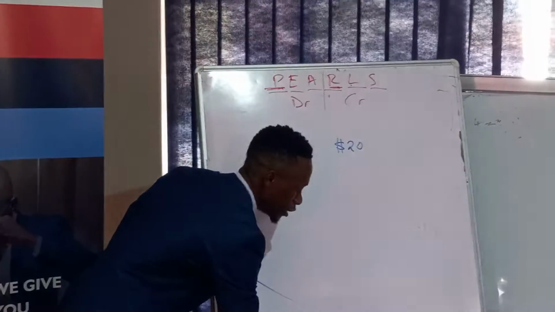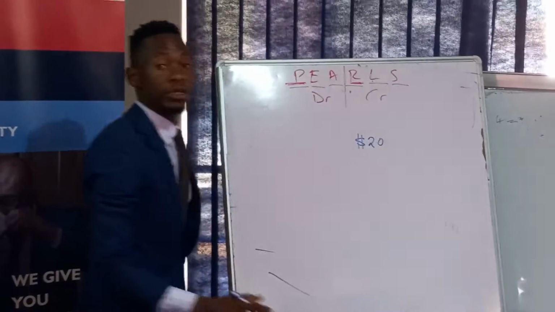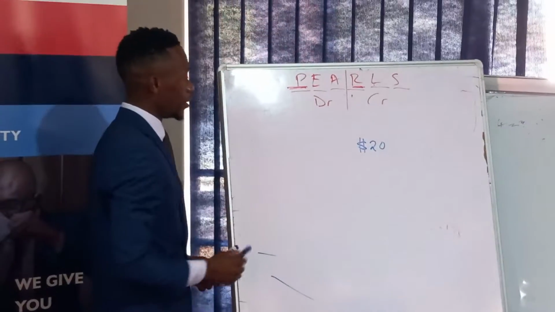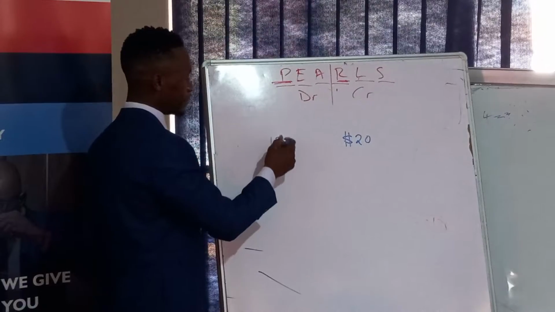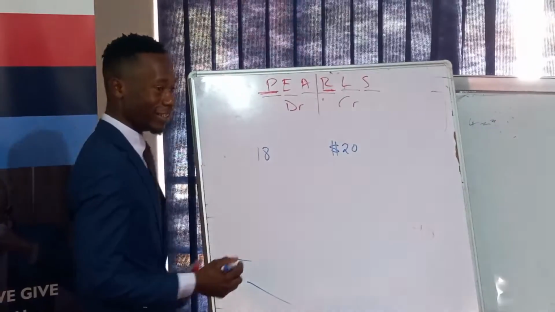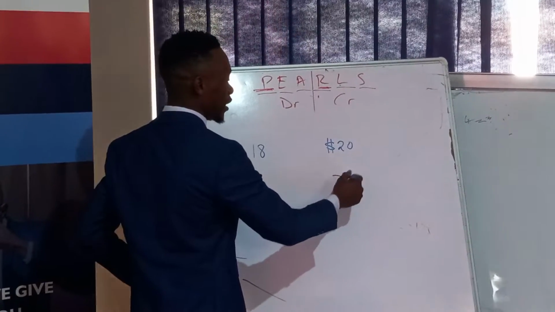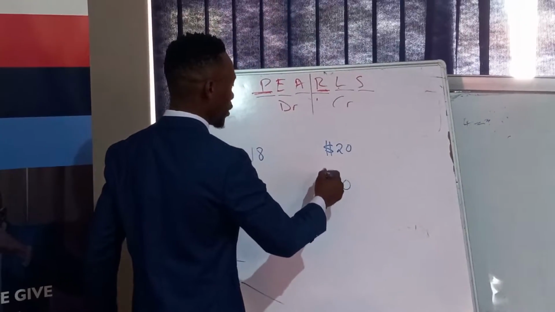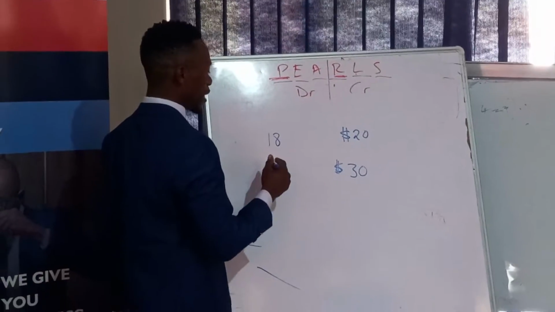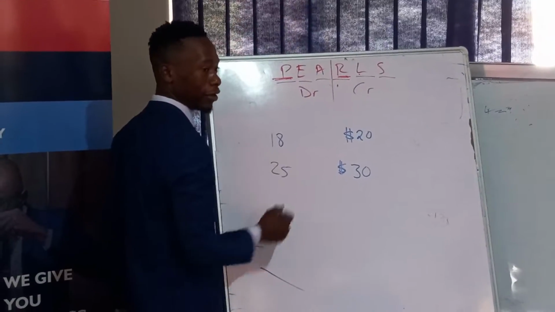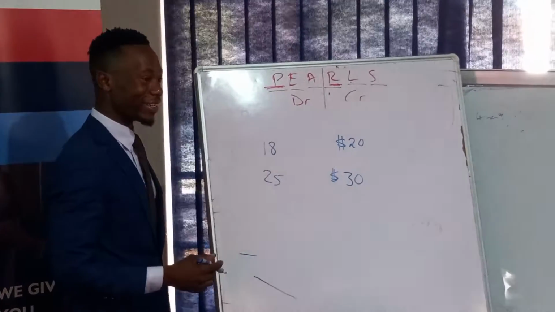Someone is selling the product at 20, then a Zimbabwean will say, I have 18. And when someone is selling the product at 30, what would you say? What do normal people say? I have 25. Yes, people are trying to minimize costs.